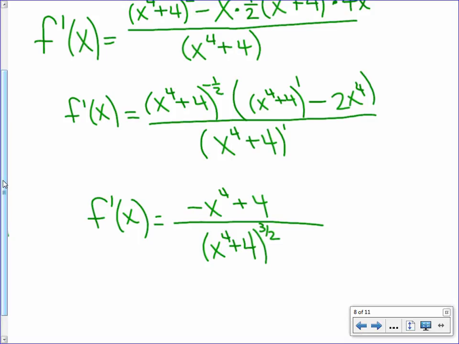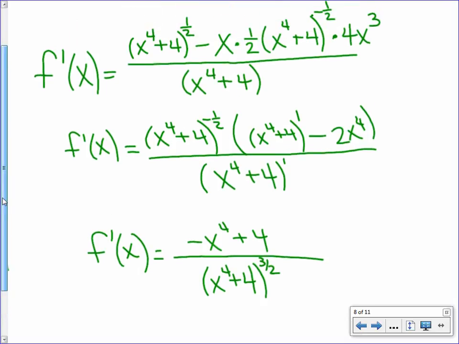What about the plus 4x to the 3rd? Well, I'm just confused because you took the x to the 4th plus 4 to the negative half and you factored it out, but... But what? Out of this whole thing here, that's this right here. So when we factored it out, that was left to just be 1.